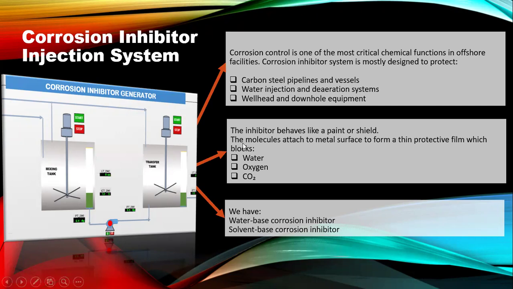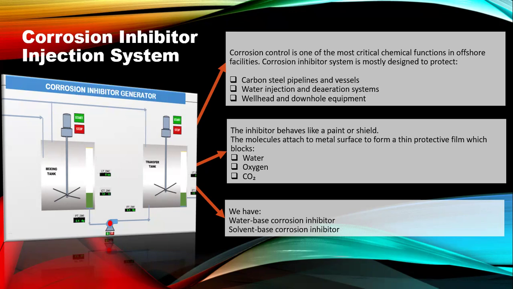Now the inhibitor behaves like a paint or a shield. Just like you paint the surface of your pipes, what the inhibitor does is form a coating at the surface. It attaches itself to the internal surface of the pipe, and forms what they call a thin protective film, which blocks your water, your oxygen, and your CO2.